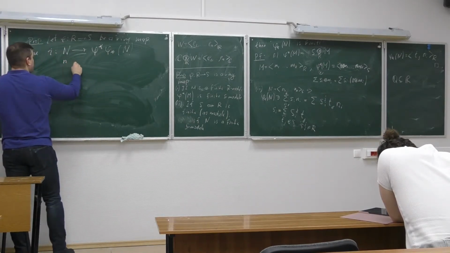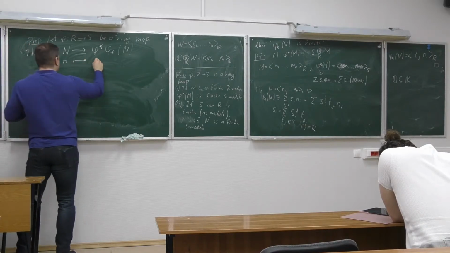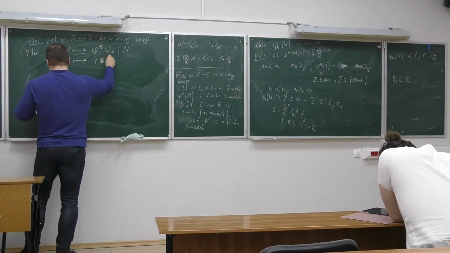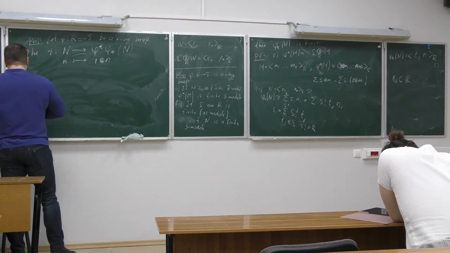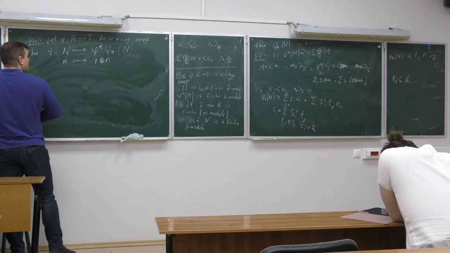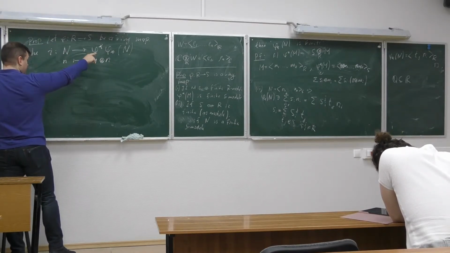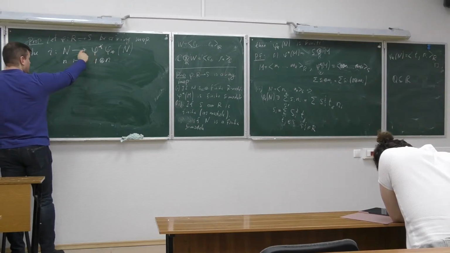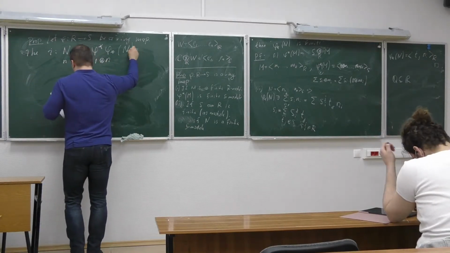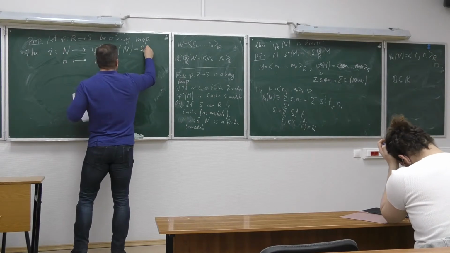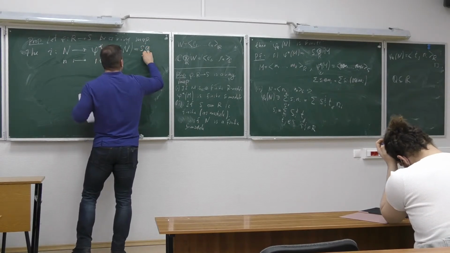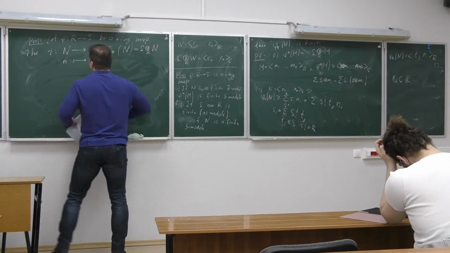You take an element n and you just send this element to the tensor product of 1 and n. So this restriction of scalars and then extension of scalars, you can write also as S tensor product over R with N.